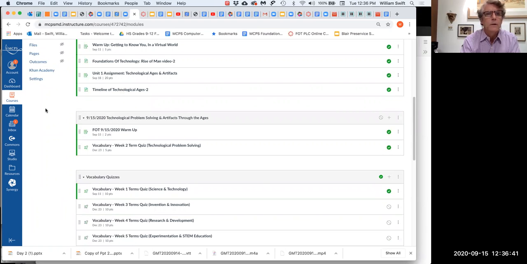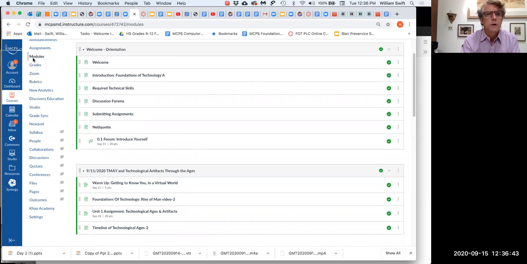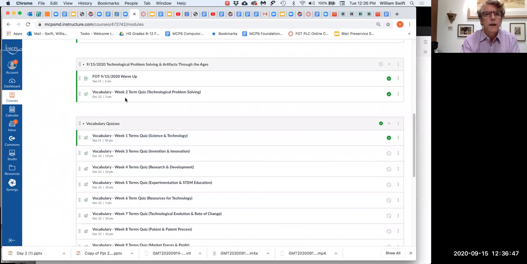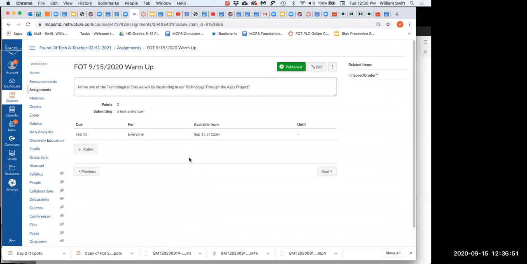This is when I look in modules. So I click modules. I go down. This is the only warm-up. Ideally, that one doesn't work though. Like, I don't know. You have 2 warm-ups. One says technological era. That one, that's the one I used and it works. Okay. So that one doesn't.